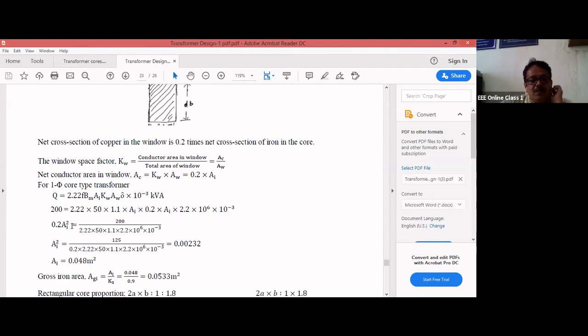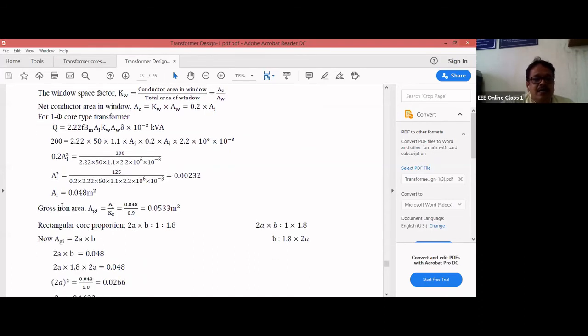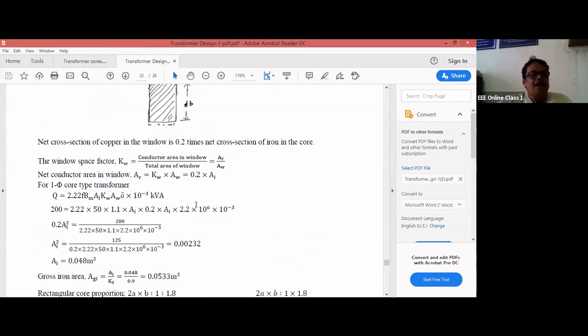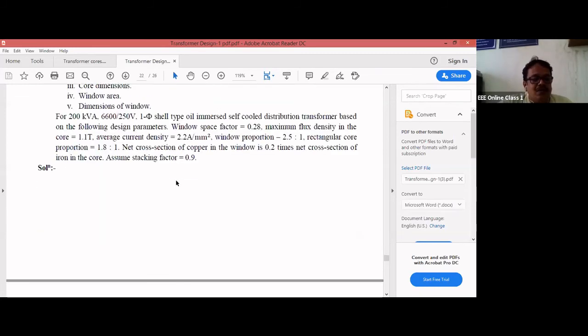So 0.2 Ai square. Ai square is equal to, substituting everything and taking it to the denominator, 0.00232, and Ai is 0.048. This is nothing but the net iron area in the core. But what they have asked in the problem is the gross area of the core and the net cross section of the core.